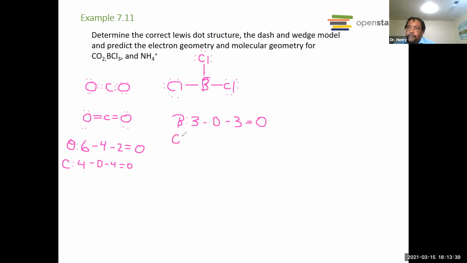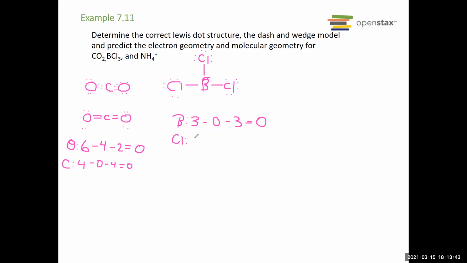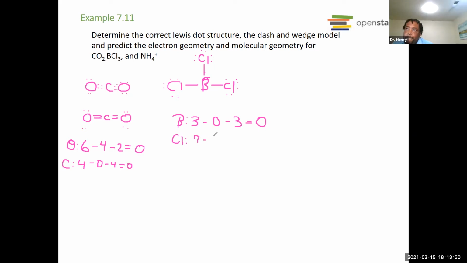Okay, Cl, 7 valence electrons, lone pair electrons, 6, number of bonds, 1, so then that equals 0.